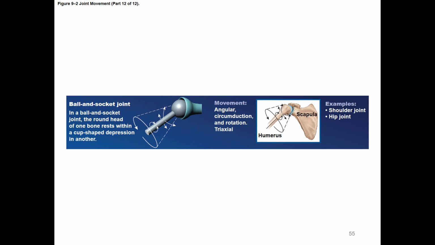Finally, we have the ball and socket joint, which is a bone with a round head that fits into a socket. And because of this orientation, we get triaxial movement like we see in the shoulder and also in the hip. So these are our most movable kind of joints.